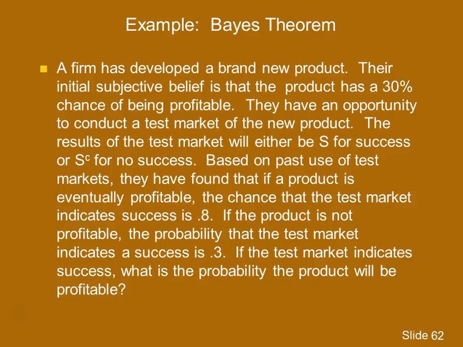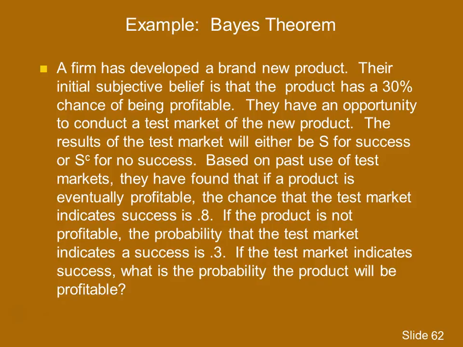Based on past use of test markets, they found that if a product is eventually successful, the chance the test market indicates success is 0.8. If the product is not profitable, the probability the test market indicates it as a success is 0.3. If a test market indicates success, what's the probability the product will be profitable?